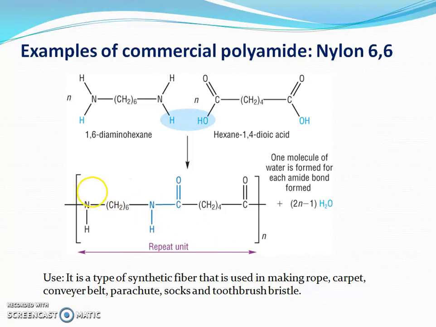Because here 6 carbon atoms are present in the diamine and 6 carbon atoms are present in the dicarboxylic acid. From here, the nylon 6,6 name comes. Now, we all are very familiar with the use of nylon 6,6, which is used for making ropes, carpet, conveyor belt, parachute, socks, and toothbrush bristles, and in many other cases also.